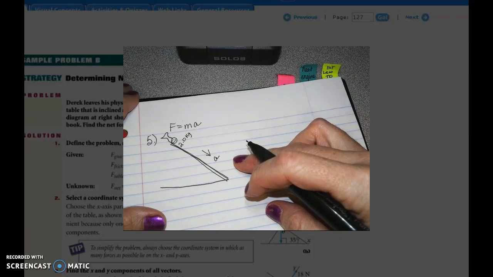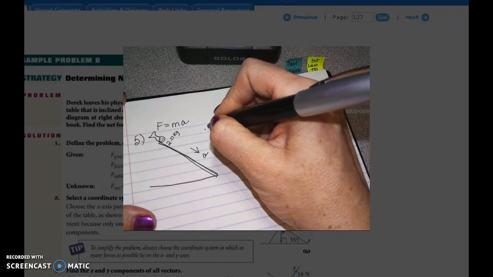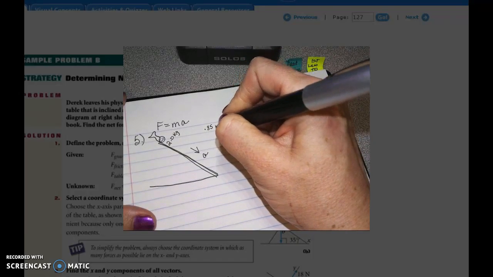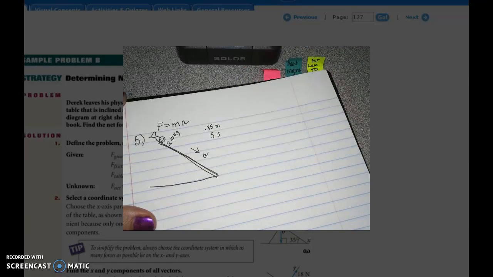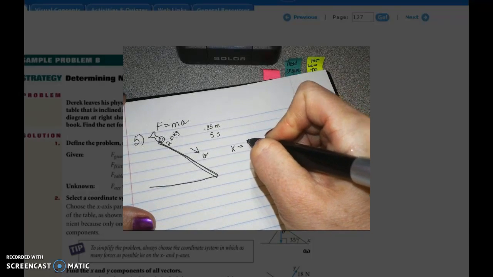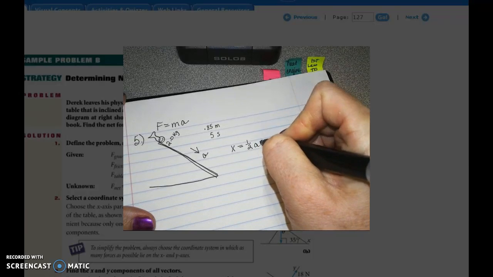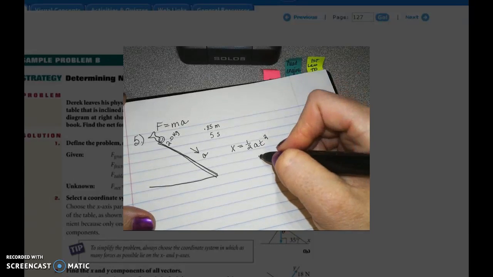What we do know is we know the length of the ramp is 0.85 meters, and we know the time it takes to get to the bottom of the ramp. Sorry, it was 85 centimeters and 5 seconds. One of our kinematic equations tells us that x is equal to 1/2 a t squared. So this equation works very well in order to get us the value a.